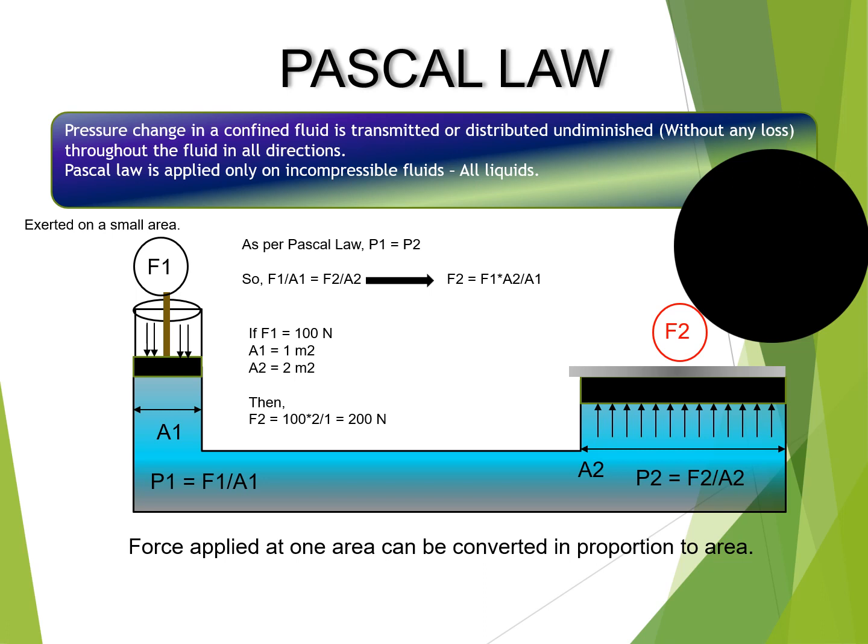Let's see one example here. Let's see, this is a tube. So one side is having narrow cross-sectional area and the other side is having the larger cross-sectional area. When we are applying a force F1 here on the top, then as per the formula P1 is equal to F1 upon A1, a pressure P1 is applied here.